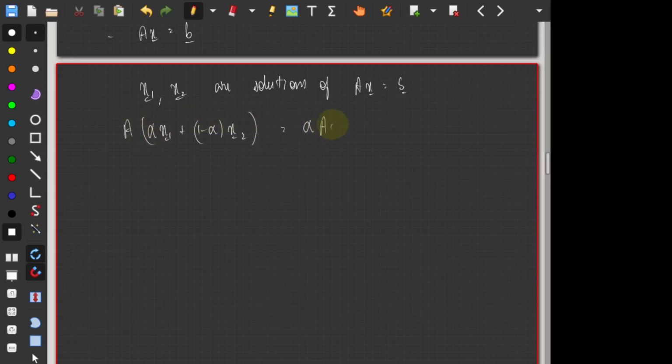Alpha Ax1 plus (1 minus alpha) Ax2. But what are Ax1 and Ax2? They are b. So this is alpha b plus (1 minus alpha) b, which is just b. So alpha x1 plus (1 minus alpha) x2 is also a solution. So it's closed under the line joining the two points.